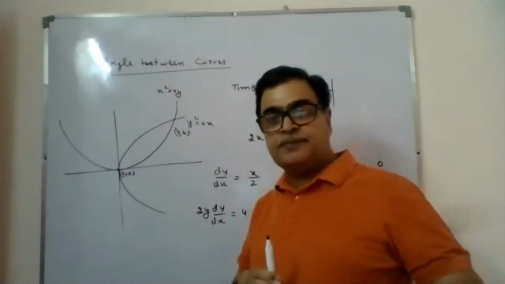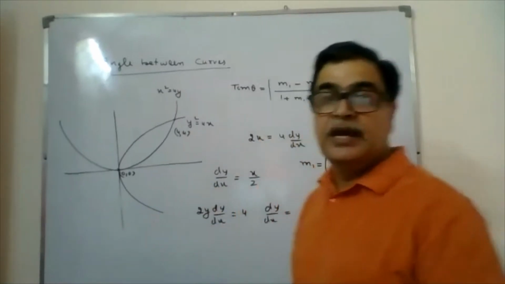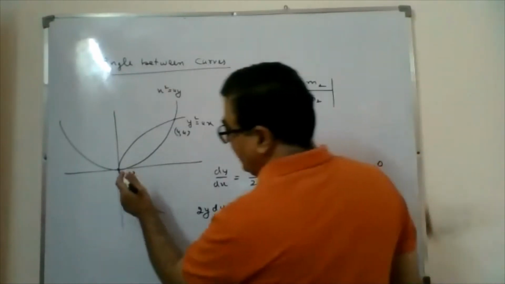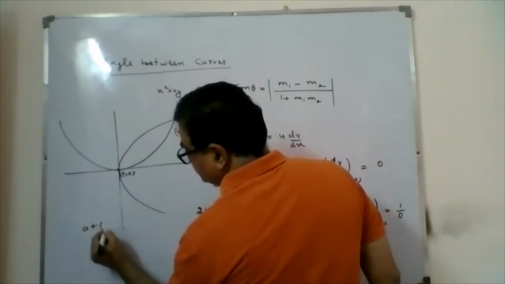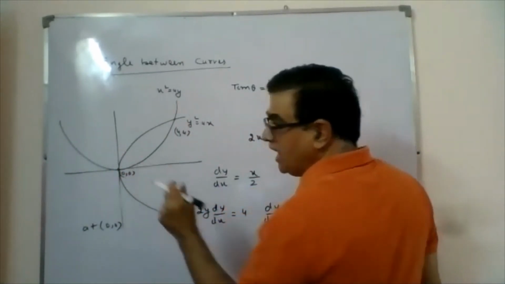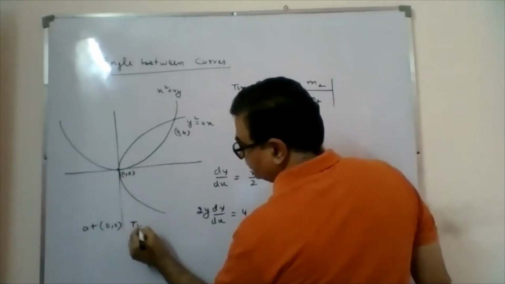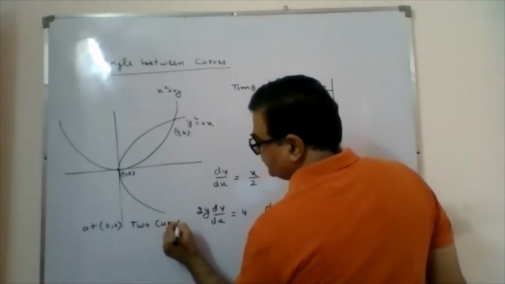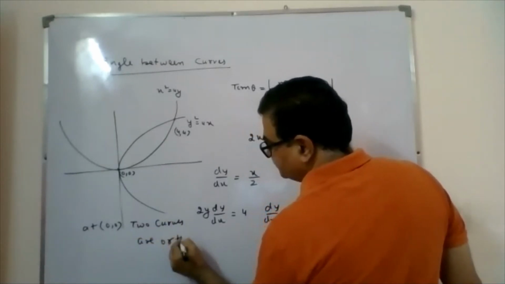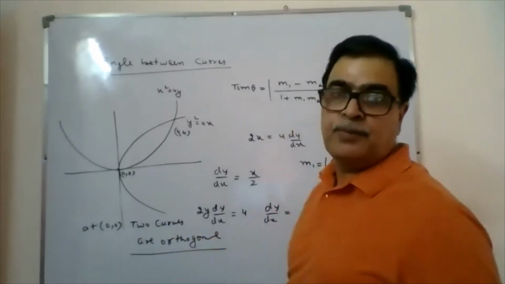So as one is parallel to the x-axis and one is parallel to the y-axis, the angle between the two comes out to be 90 degrees. So we should say at (0, 0) the two curves are orthogonal. Orthogonal means they are perpendicular to each other.